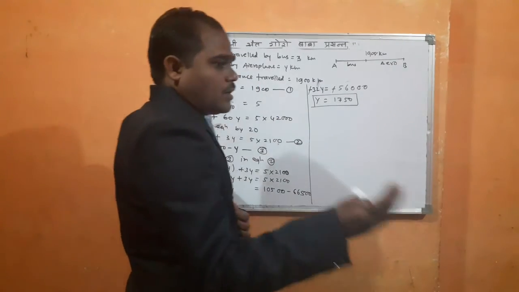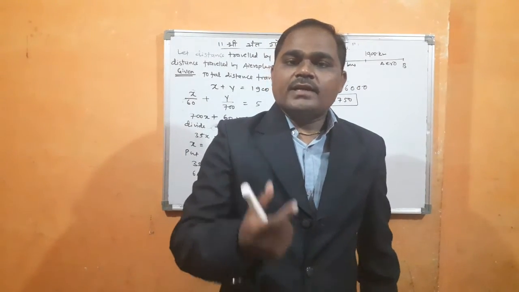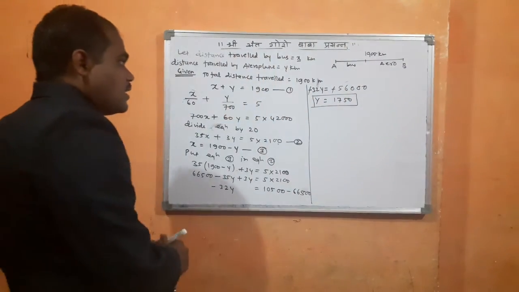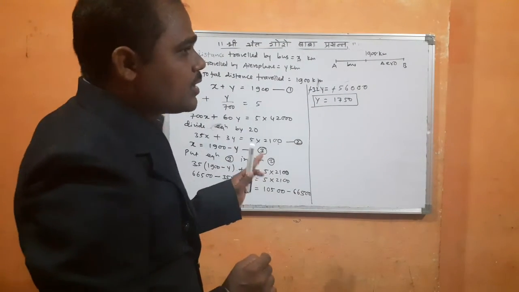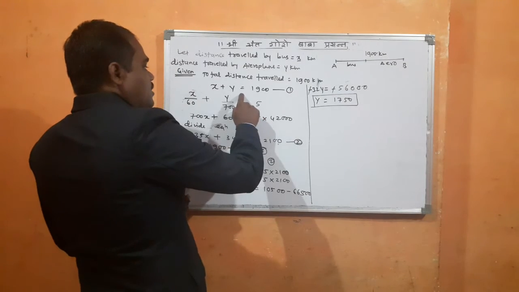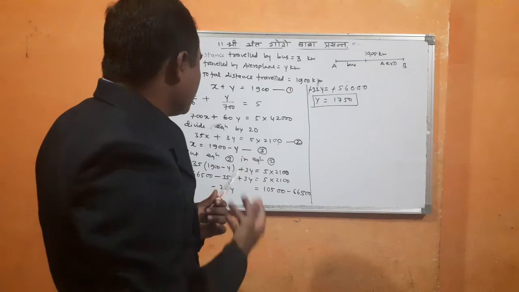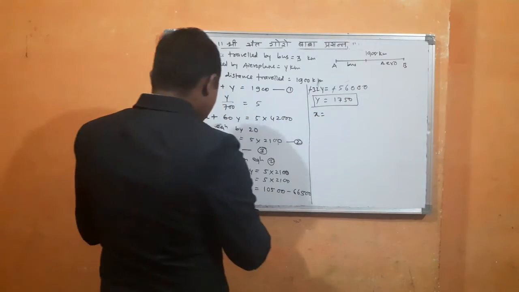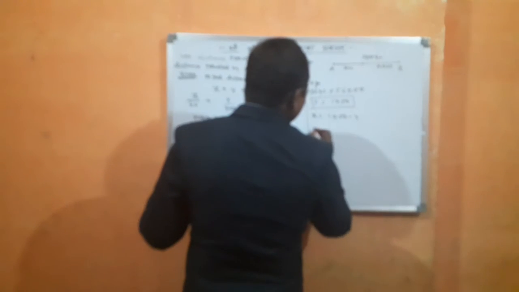But in the textbook the question asks to find the distance traveled by Vishal by bus, and that is x km. That means we have to find the value of x. Now by using equation number 3, we can easily find the distance traveled by bus. That is x is equal to 1900 minus y.